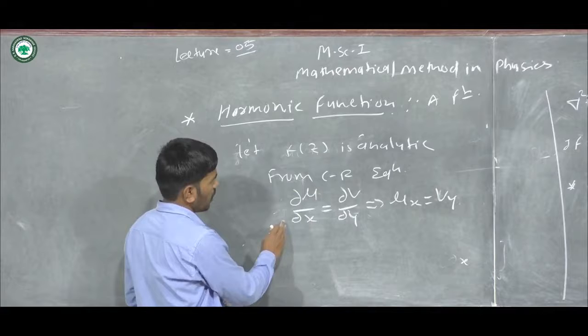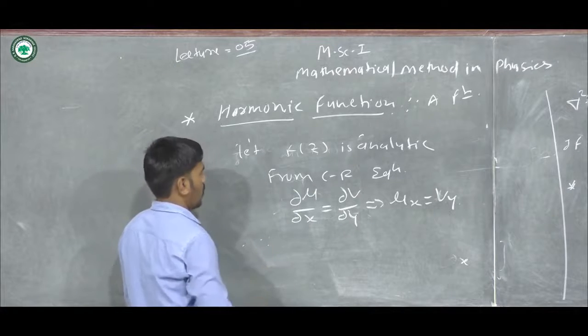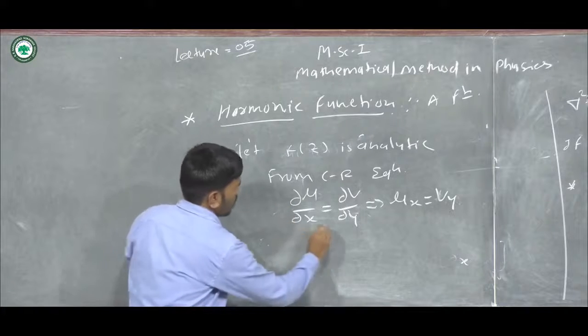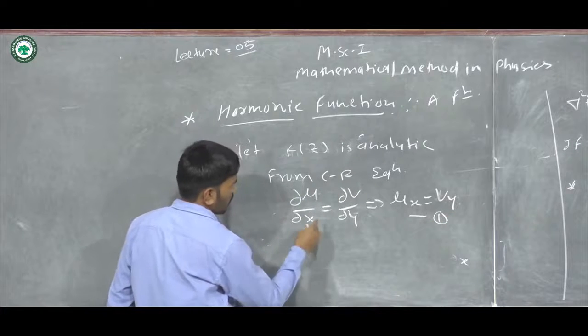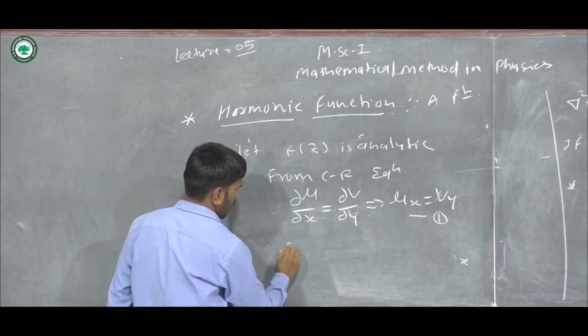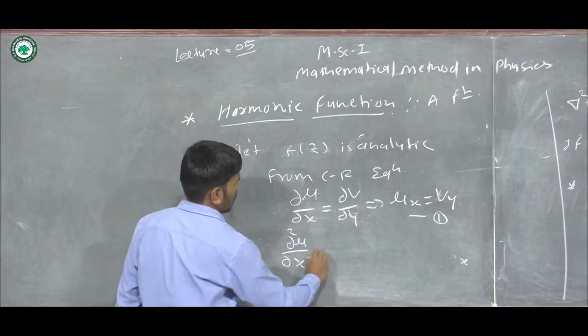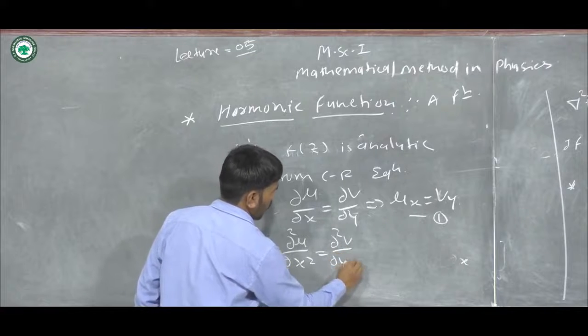So if I take the double derivatives of this, this is equation number 1, and if I again differentiate with respect to x, we get dou square u by dou x square is equal to dou square v by dou y into dou x.